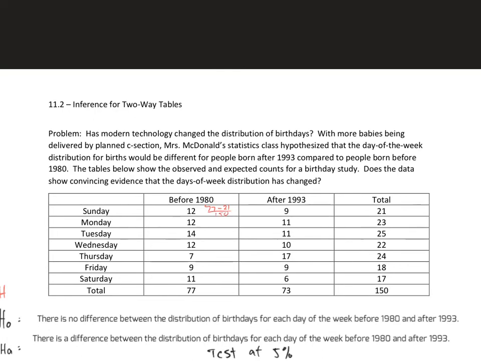So remember, that's how you would get that. So this gives me 10.78. And this again right here, 21, 73. So I'll do 73 minus 21, and I will divide that by 150. That would give me 10.22.